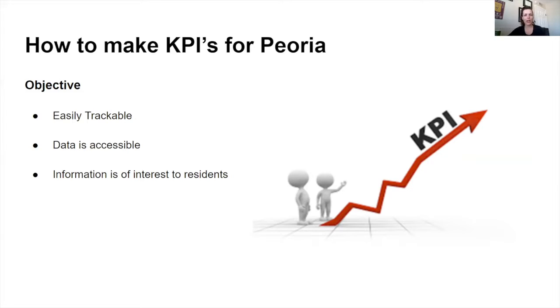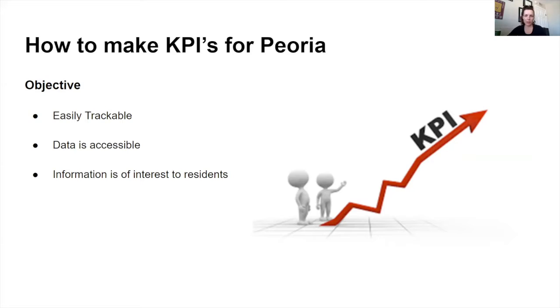I also looked at our 700 plus survey respondents and saw what the residents really wanted, what information was really important to them, and making sure that we were going to track broader things that the residents really cared about and wanted to know more about.